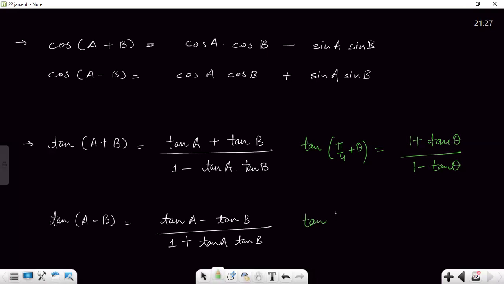And tan of (pi by 4 minus theta) is 1 minus tan theta divided by 1 plus tan theta. Is that clear? So these are two important formula cases.